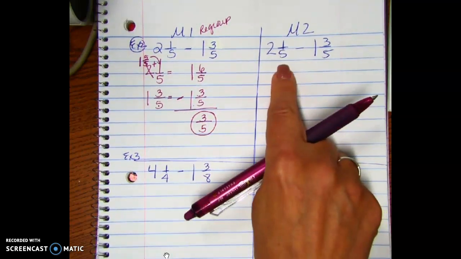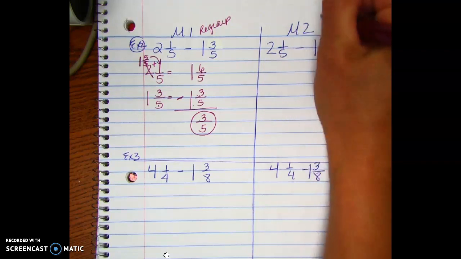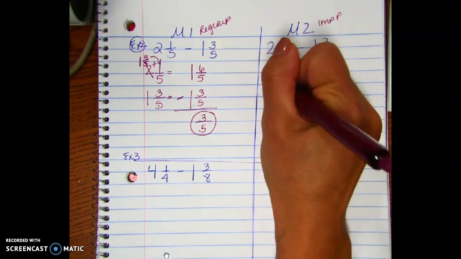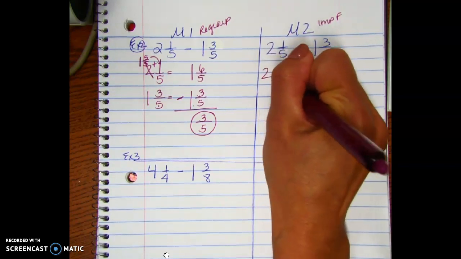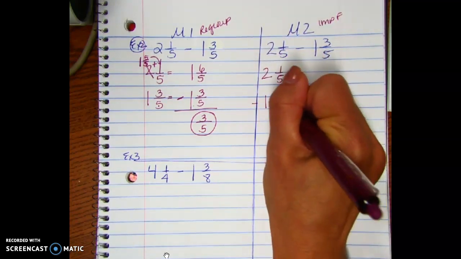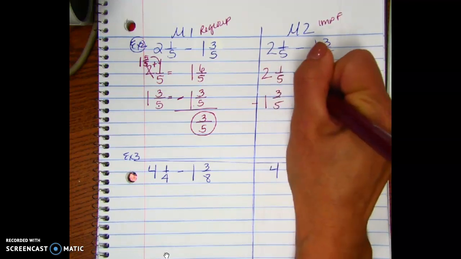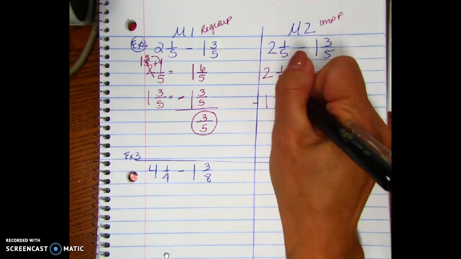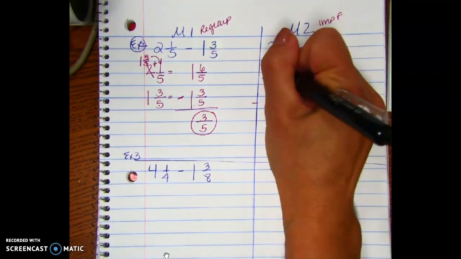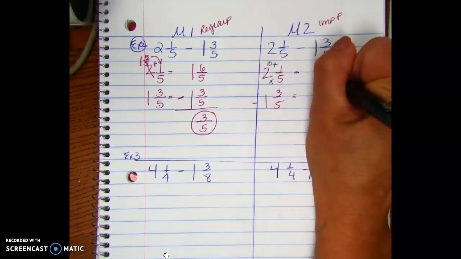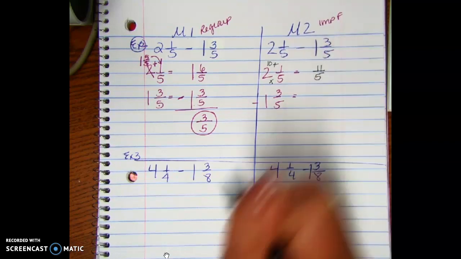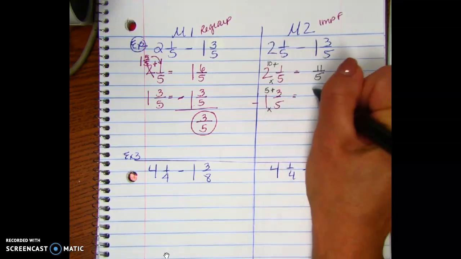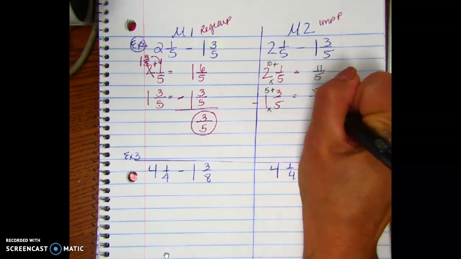So let's try it using the improper fraction method. Okay, so I rewrite 2 1/5 minus 1 3/5. So I'm renaming by making them improper fractions. 5 times 2 is 10, plus 1 is 11/5. 5 times 1 is 5, plus 3 is 8/5.